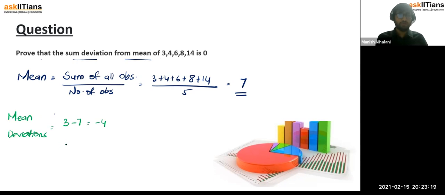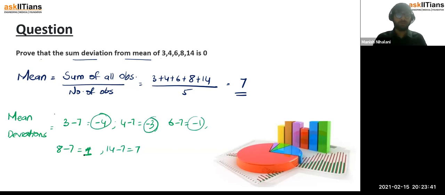Next observation is 4, so 4 minus 7 is minus 3. Then 6 minus 7 is minus 1. 8 minus 7 is 1. Then 14 minus 7 is 7. So these are the mean deviations about the mean.